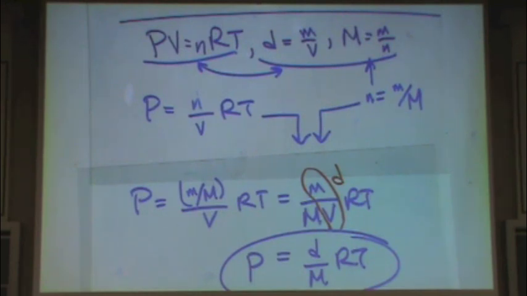So if you see a question where they're focused on one particular gas, and a lot of information is given, maybe you know the temperature, or it's at STP, something like that, and then they ask something like, what's the molar mass, or what's the mass, or what's the density, they're talking about this sort of question, okay? So if you see the keywords, like you have a single gas, there are words like density, molar mass, or mass, and you know, say, the temperature and the pressure, it's this sort of question.